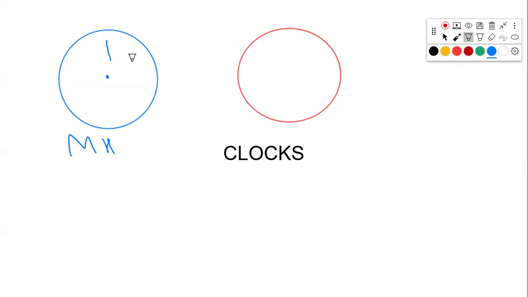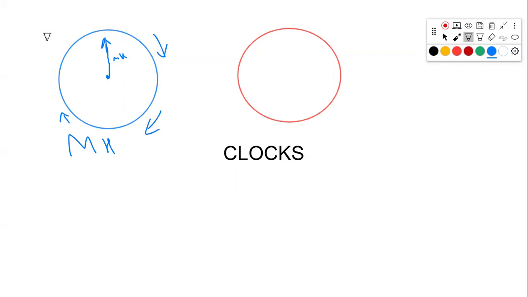Just bear with me, because sometimes I may not get a straight line. I assume that this is the longer one, so this is the minute hand, and say it moves clockwise.